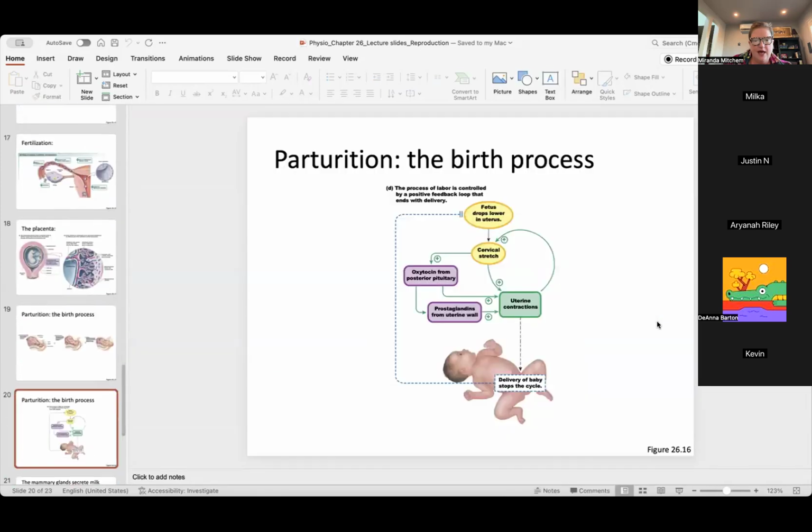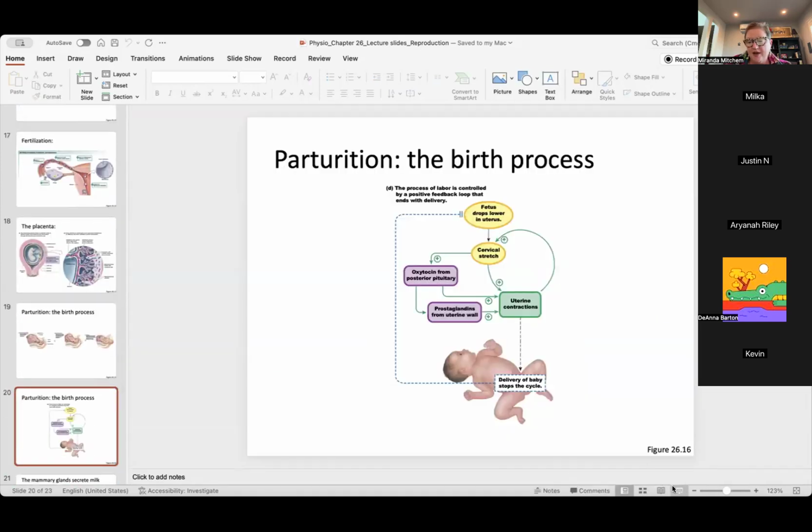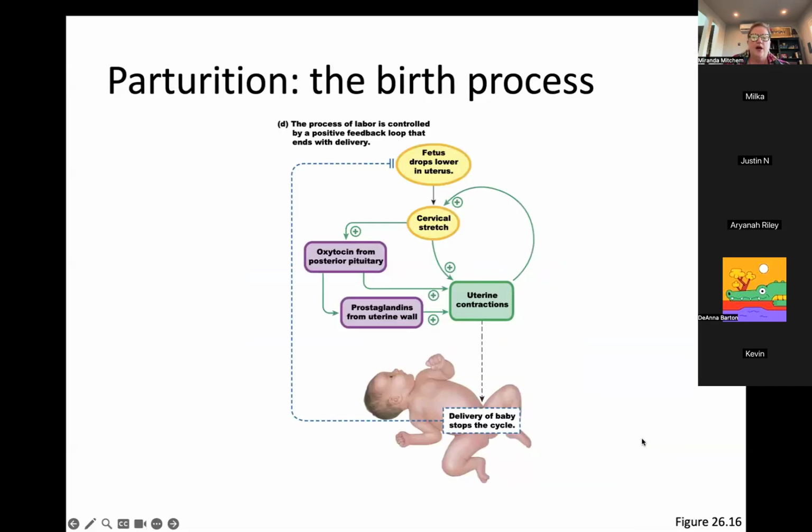Okay, let's look at the oxytocin cycle here. So oxytocin is stimulated by several things. But the main stimulus is as the baby moves down the birth canal, the cervix is really tight at first, and then it has to dilate to about 10 centimeters so that the baby can be expelled in the process of labor.